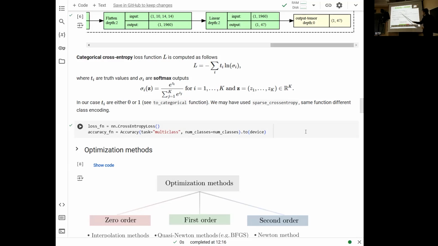And this weighting makes all the numbers from 0 to 1. And basically, these are the probabilities of having some class. So I have 47 classes, and when I apply this function to the output of my neural network, that will be the probability of me having a certain class.